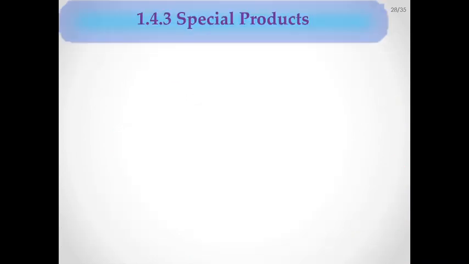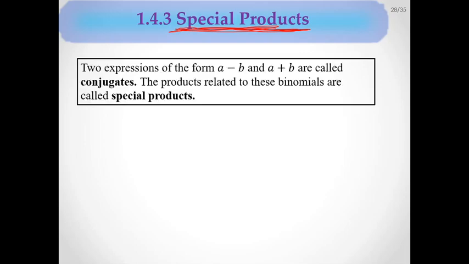Now, what were some special products of binomials, let's say. Okay, first, two expressions of the form a minus b and a plus b are called conjugates. So this is important here.